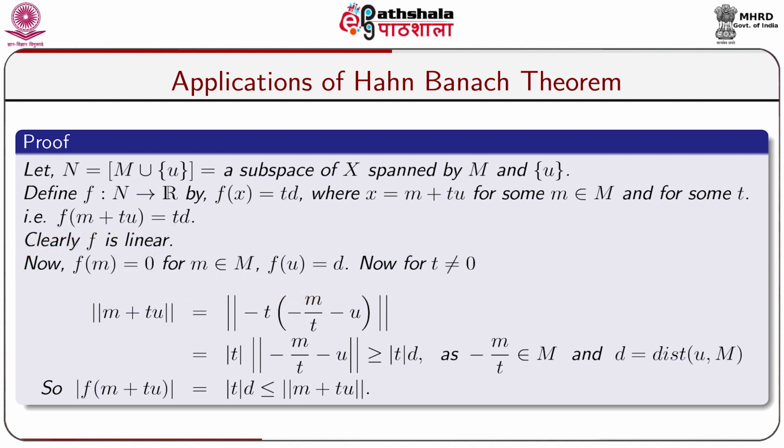Now, f of m is equal to 0 for all m belongs to capital M. In this case, m plus tu, if we take t equal to 0, then we get f of m equal to 0 into d equal to 0, and f of u is equal to d where t is equal to 1.